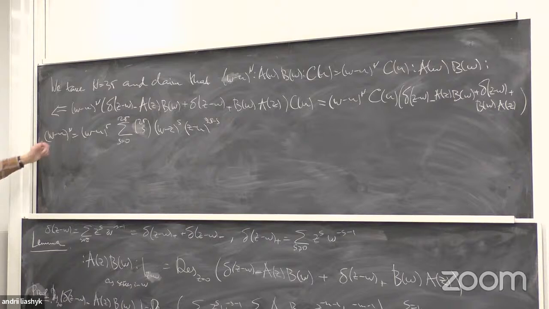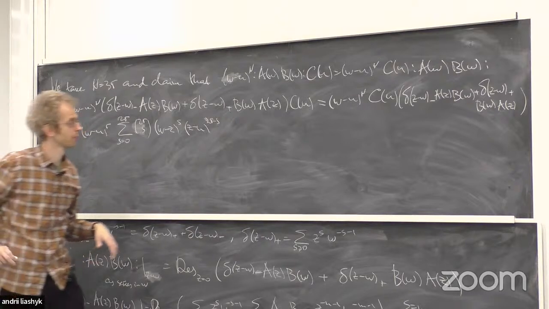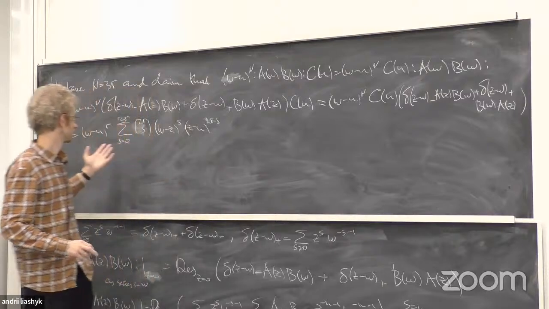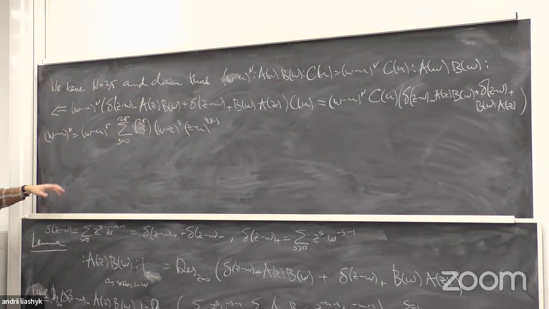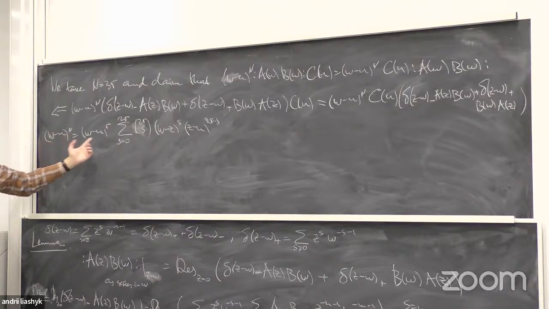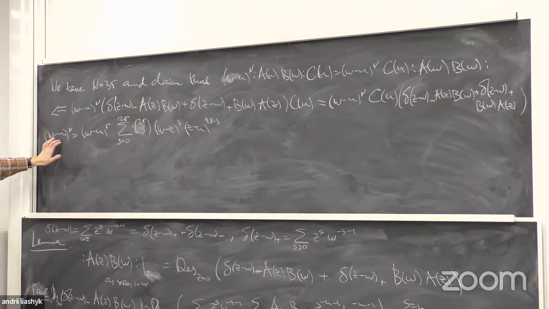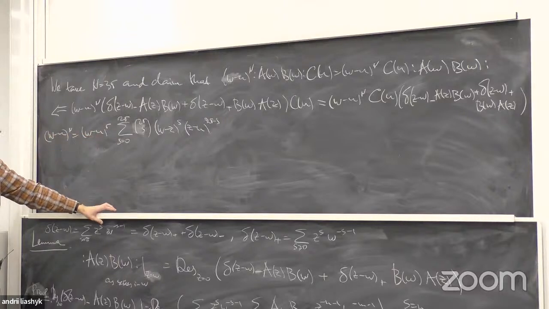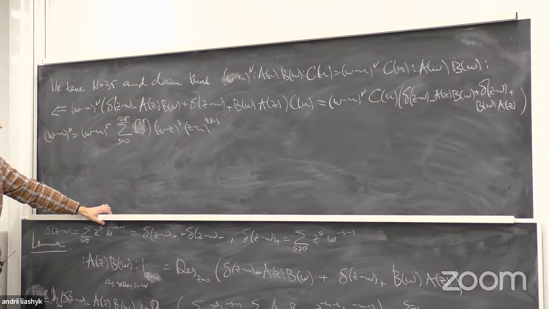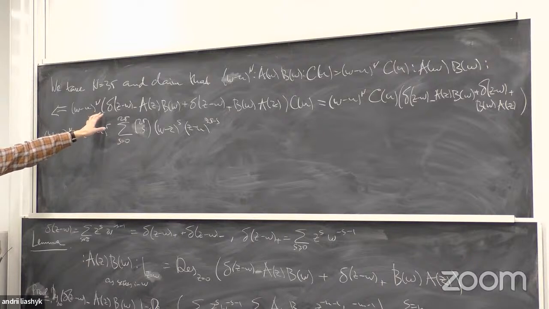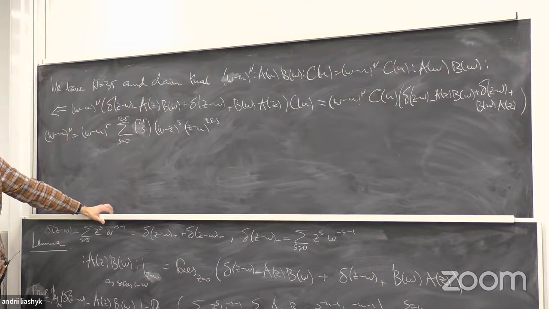So we have this, which stays here and here. And then we want to prove this equality. And for that, we write such a product, and then such a power as such a sum. And then we need to prove that actually this is true.